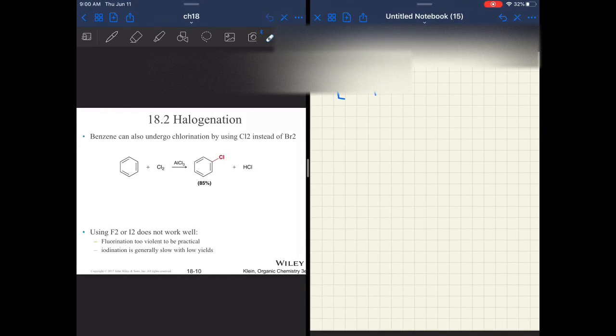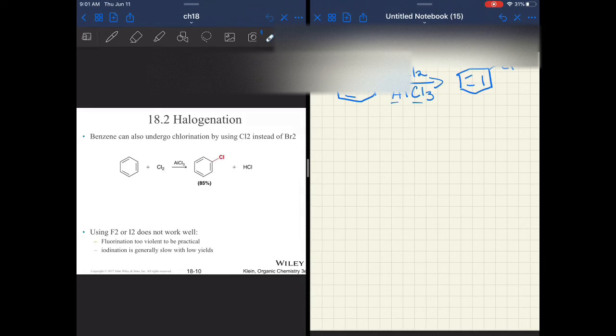Chlorination follows the exact same mechanism, except instead of iron tribromide, you're going to use aluminum trichloride. This is going to follow an identical mechanism, so I am not going to write this one out, but every time you saw bromine, you replace it with chlorine, and iron is replaced with aluminum here.